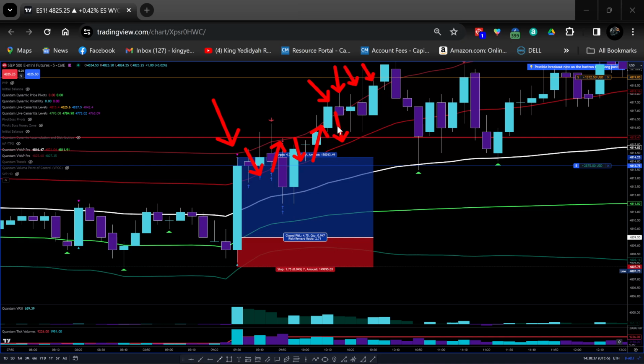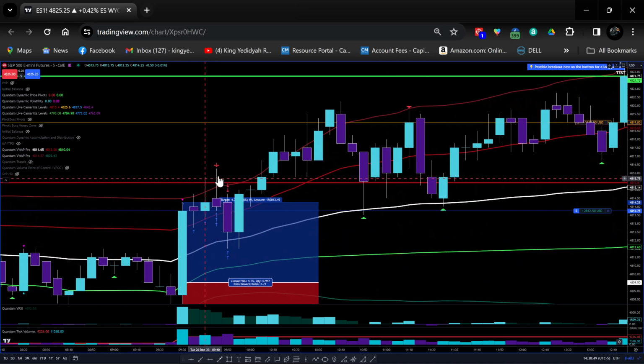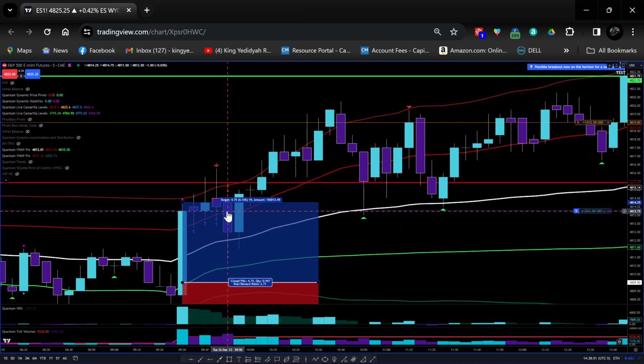So depending on how you want to judge your strategy, you're going to be looking for reversal patterns above this level here. And if it breaks this second deviation band, then you should probably get out.